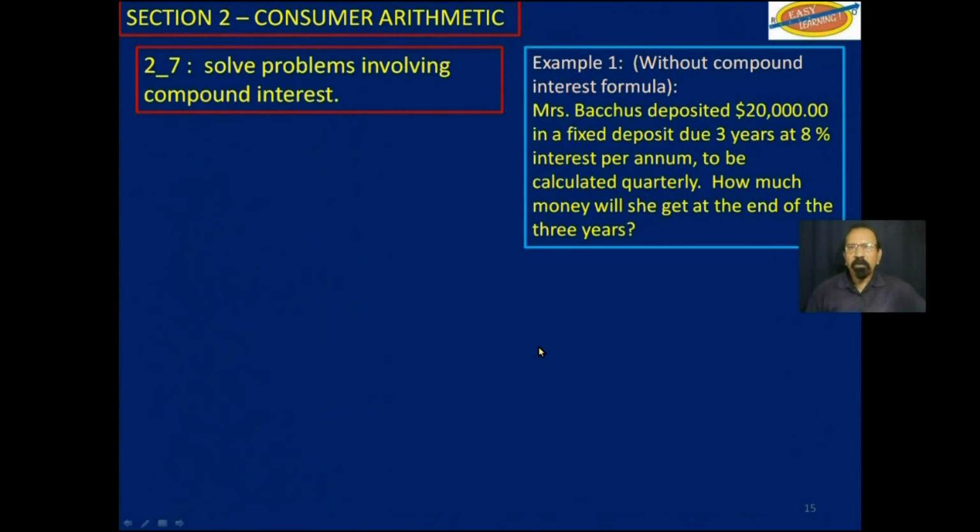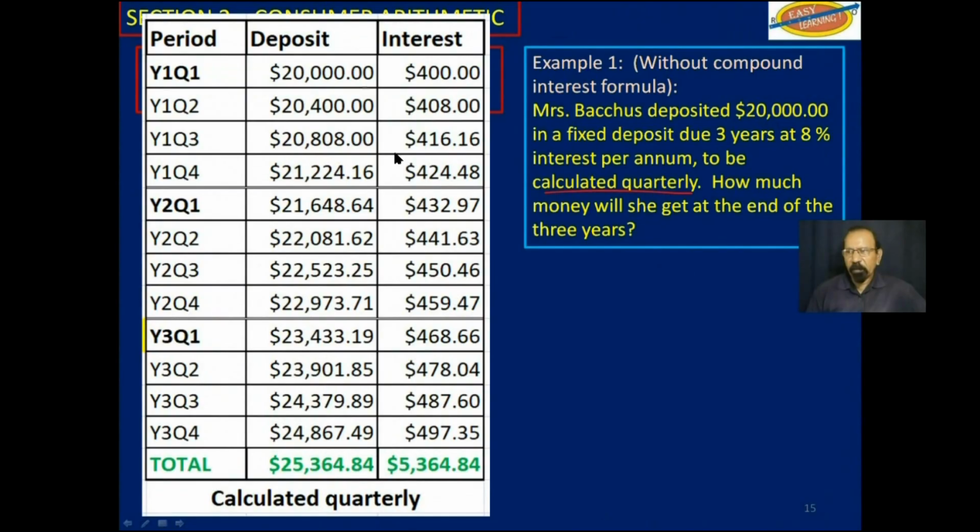So we already looked at this question, and the interest was compounded quarterly. This is what we came up with, that she would get $25,364.84, total amount, compounded quarterly.